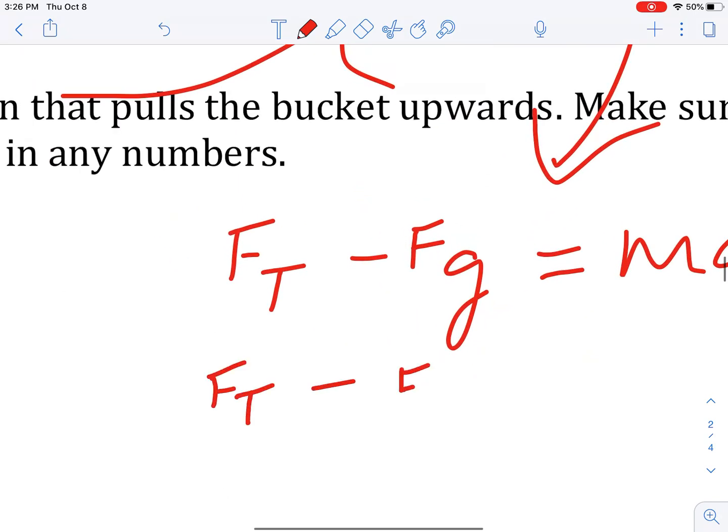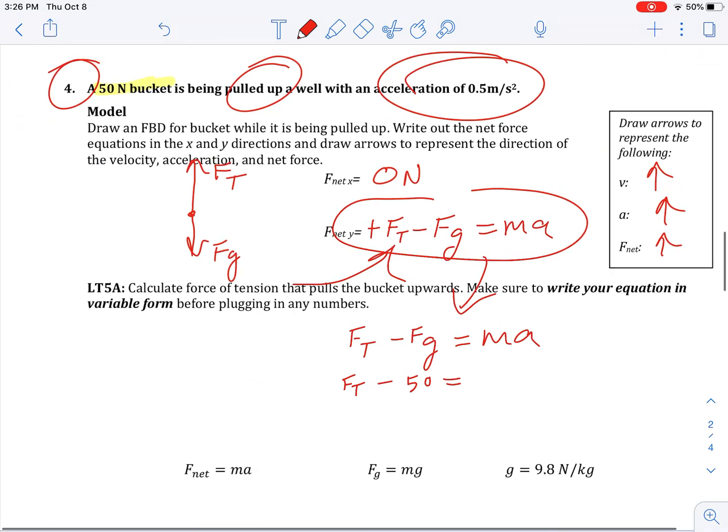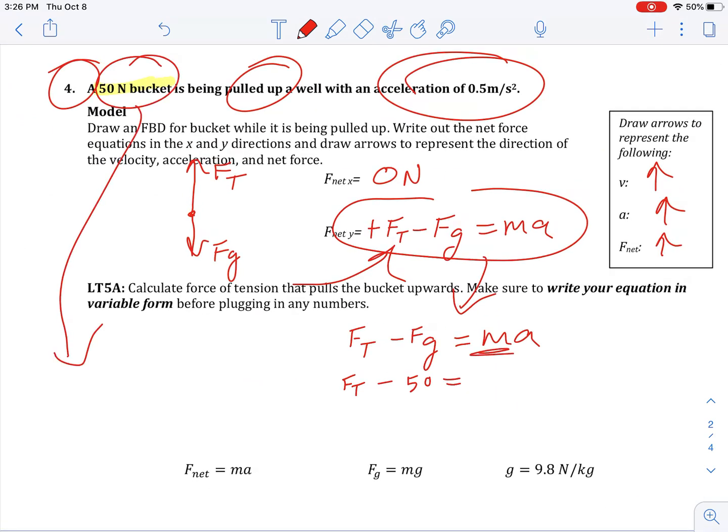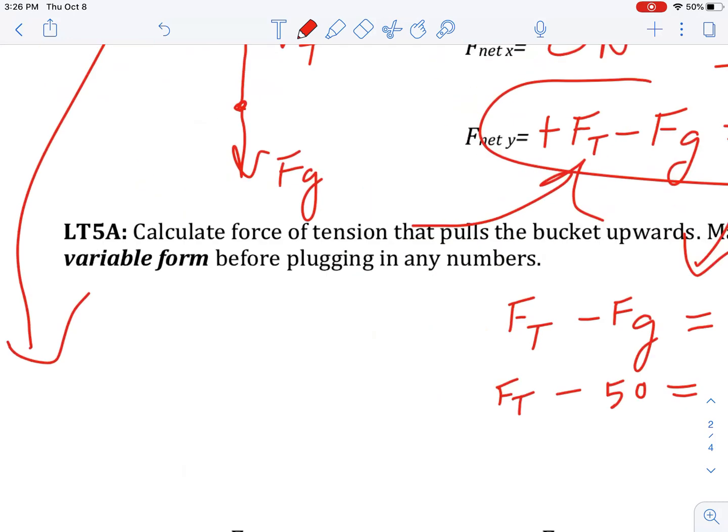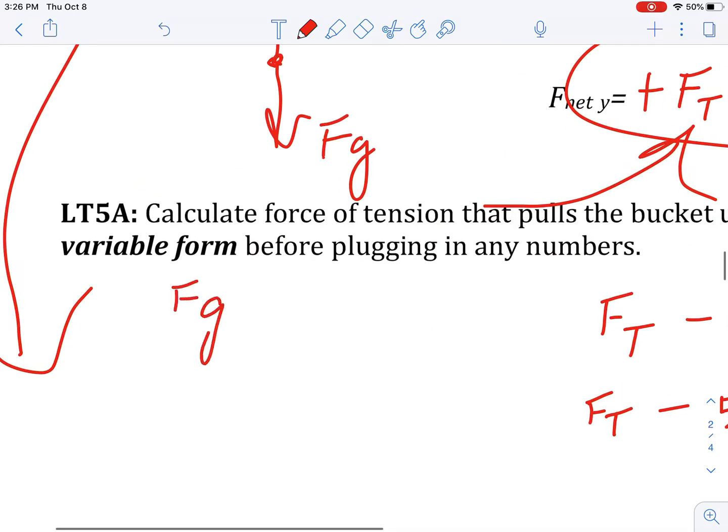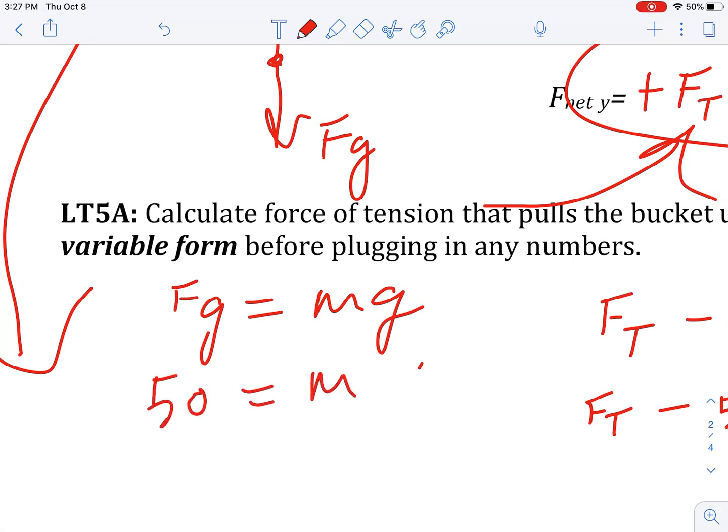Force tension minus 50 equals, we're going to have to do that side work again because we don't know the mass. We're not given it. So we can say, all right, force gravity equals mg. Force gravity is 50 newtons. The mass is unknown, and gravitational field on Earth is 9.8.